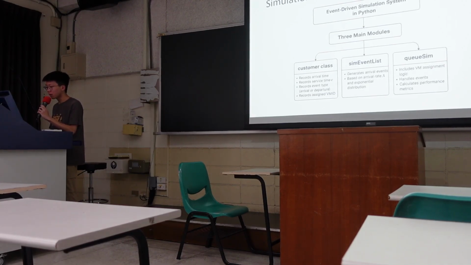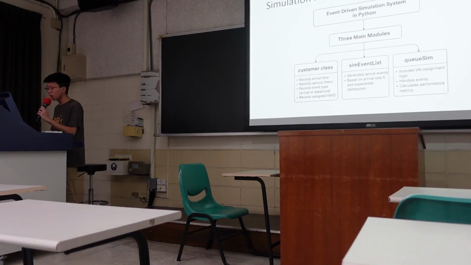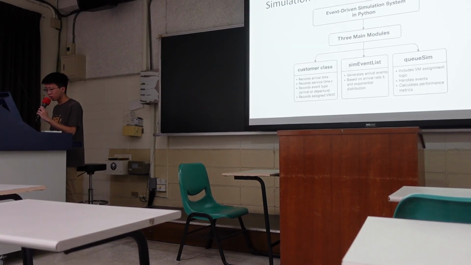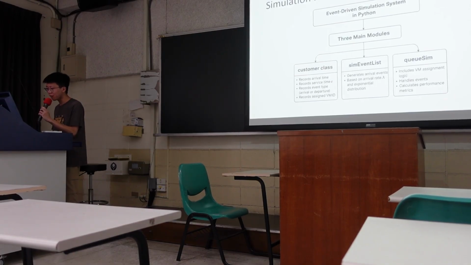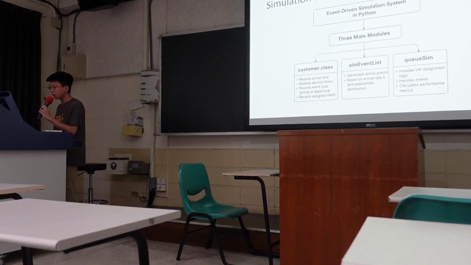My simulation is based on the two models proposed in the paper, Model 1 and Model 2. The main goal is to replicate and verify the theoretical analysis of VM utilization and the average number of customers in the system. I implement an event-driven simulation system in Python, which consists of three main modules. The first is the Customer class, which represents each customer and records their arrival time, service time, event, and the assigned VM ID.